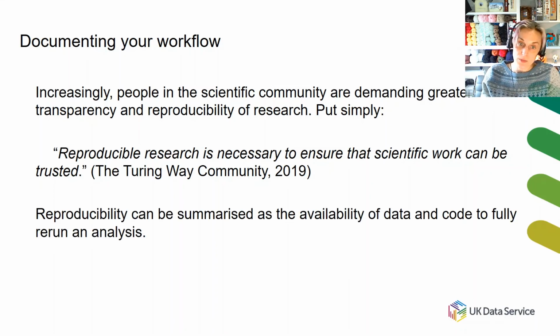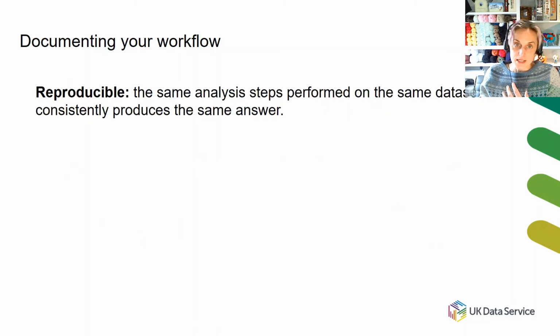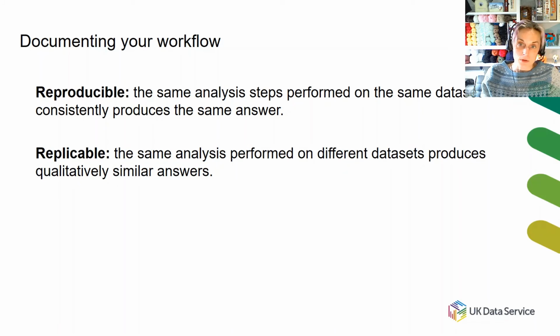Reproducibility, in summary, is about making your data and code available to rerun an analysis. But there's a bit more to it than that. Reproducible is using the same analysis on the same data set to get the same answer. Replicable is the same analysis on a different data set to get a logically comparable answer.